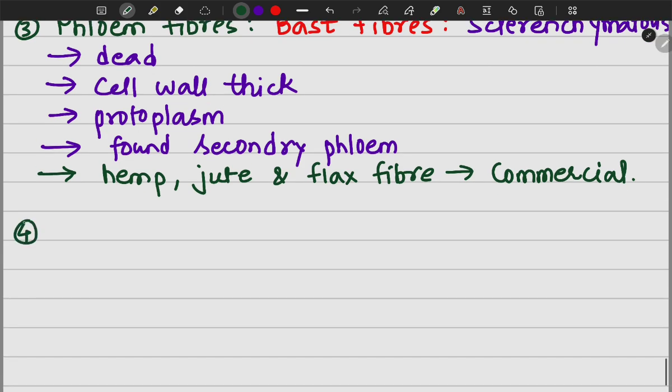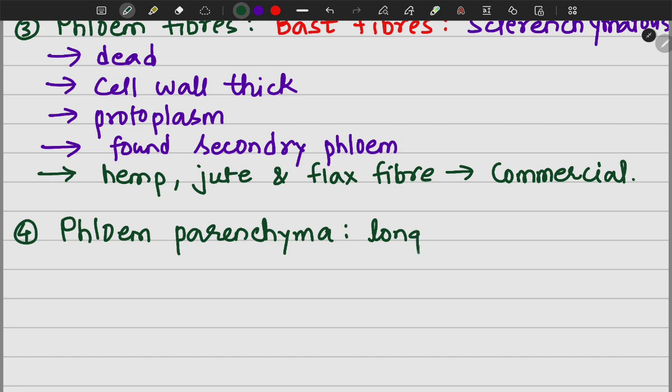Now moving on to the fourth part, which is the phloem parenchyma. So these phloem parenchyma are long and cylindrical cells.